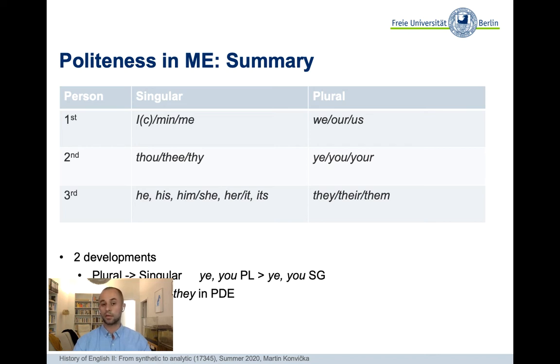And this is actually something that we see nowadays happening in the present-day English pronominal system when people use "they," which is originally a plural pronoun, and people start to use that to refer to one person only, right? So I'm not sure, there is a friend coming, but I'm not sure whether they will bring their own food or not.